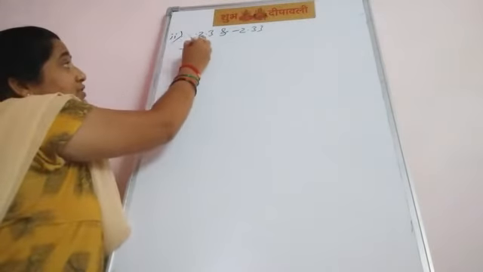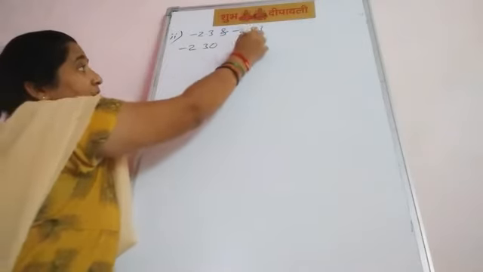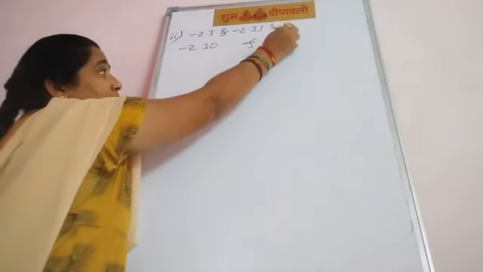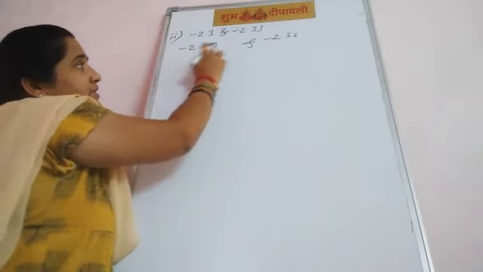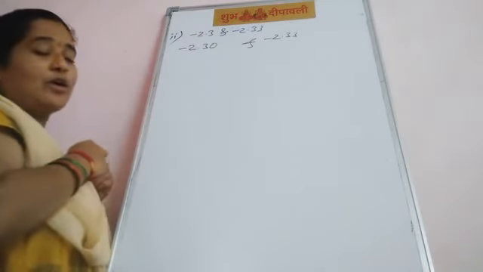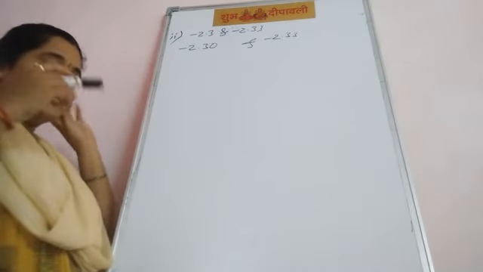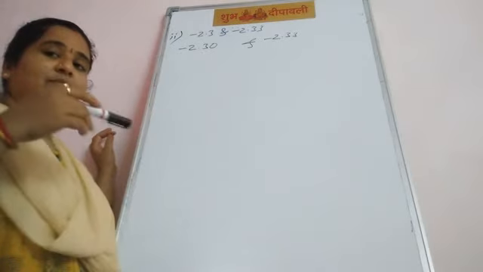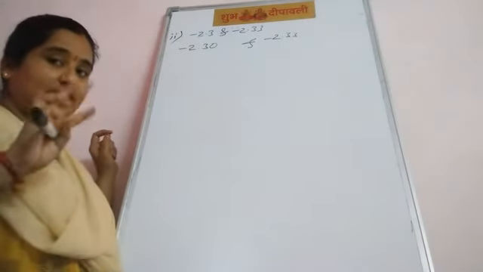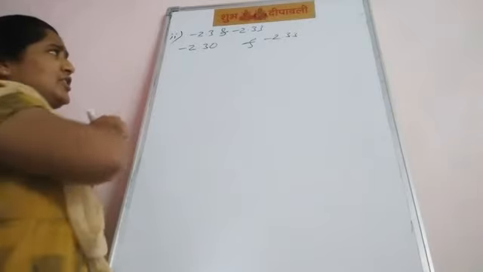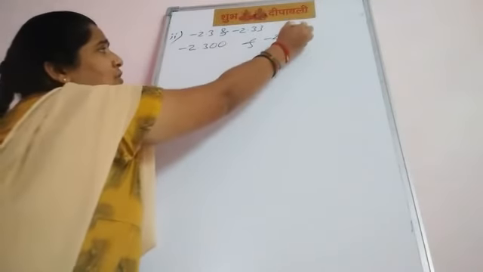So minus 2.30 and minus 2.33. If you take minus 2.30 and minus 2.33, how many numbers will exist? Minus 2.31, minus 2.32. But in the question what is asked? Write three rational numbers.